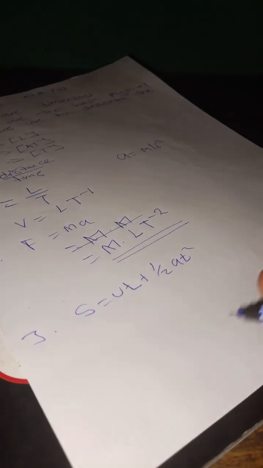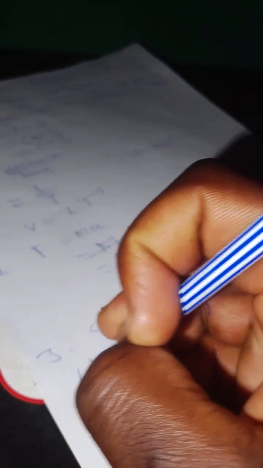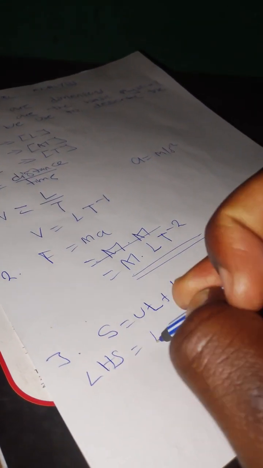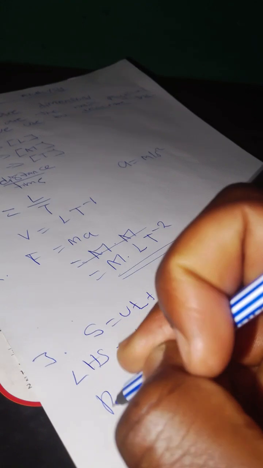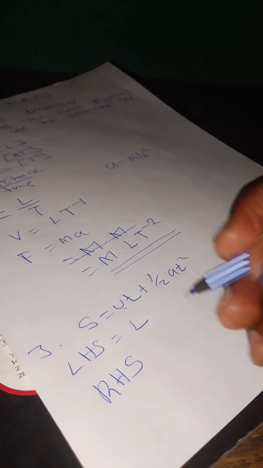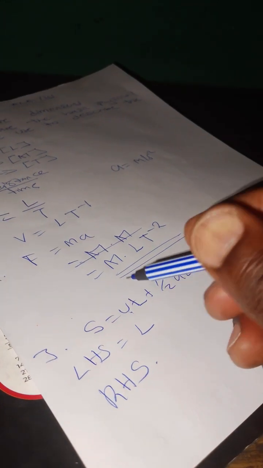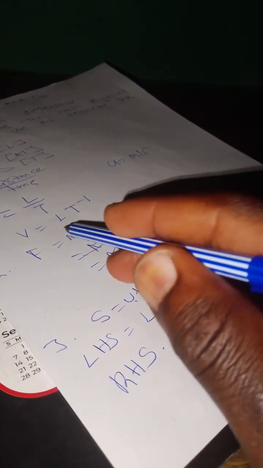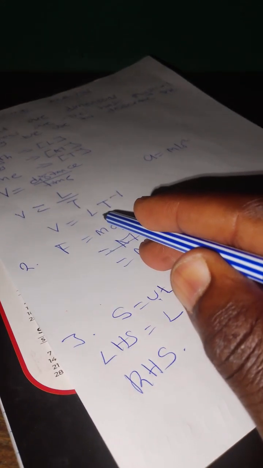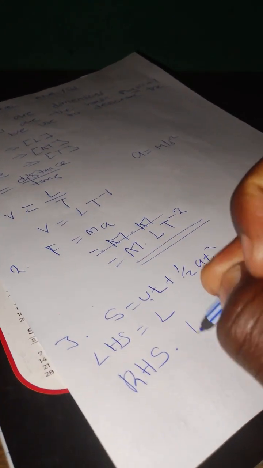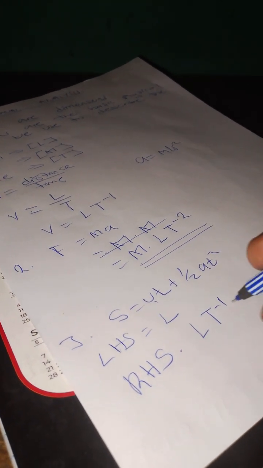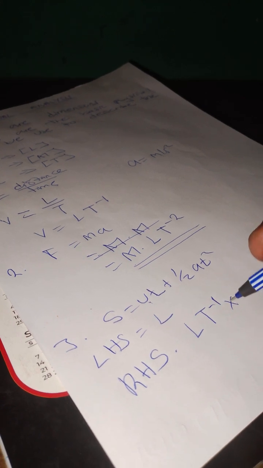For this one, S on the left hand side is distance, so we just say L. Then we go to the right hand side, U, which is velocity. The dimension for velocity is L T inverse, times T again.